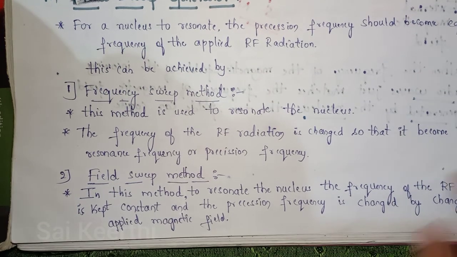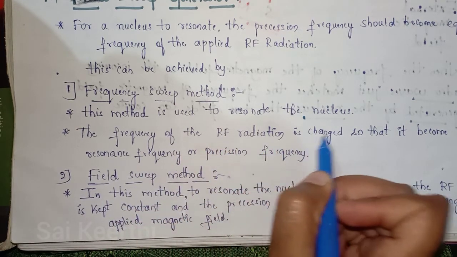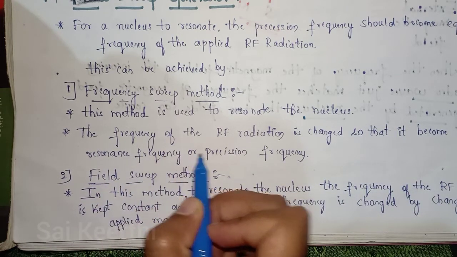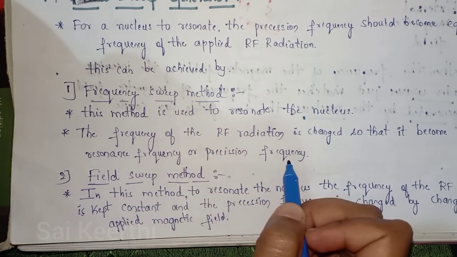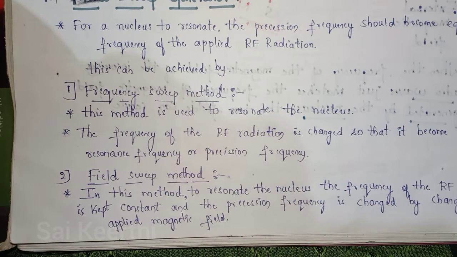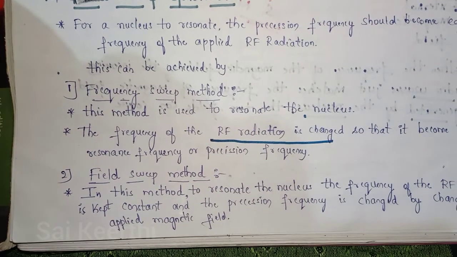This method is used to resonate the nucleus. The frequency of the RF radiation is changed so that it becomes equal to the resonance frequency or precession frequency. In the frequency sweep method, the applied magnetic field is kept constant and the frequency of the RF radiation is changed.